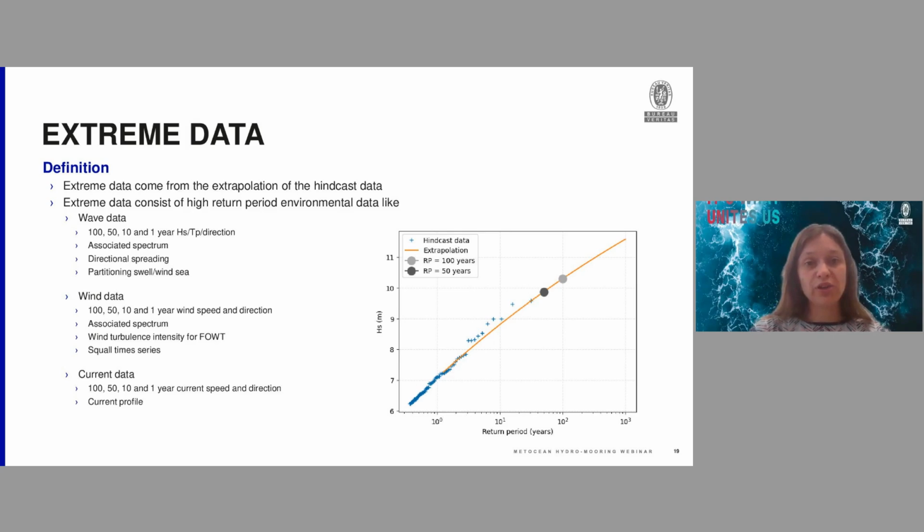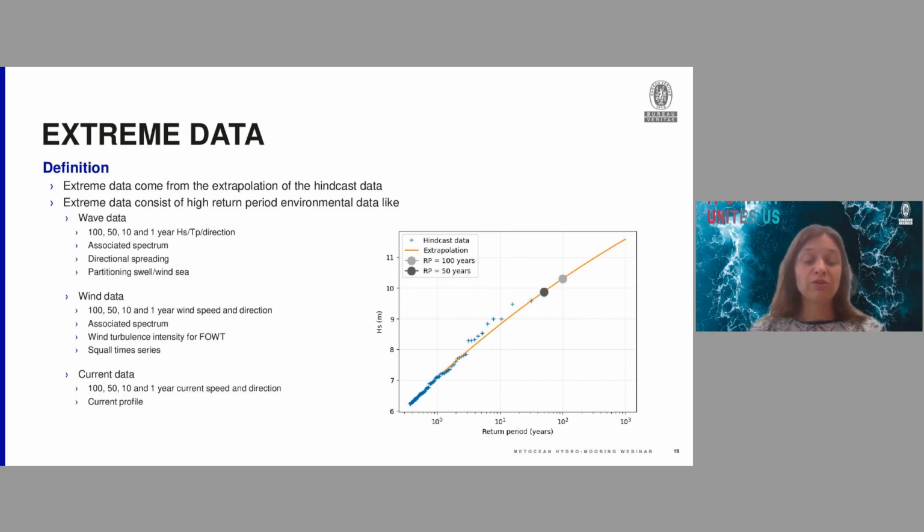So for extreme data, most of the time in your Meteocean report, you will find the wave height for different return periods, commonly 100, 50, 10, and 1 year. The associated spectrum for the wave, directional spreading sometimes, the partitioning between swell and wind sea. For wind data, also the wind speed for different return periods, the associated spectrum.